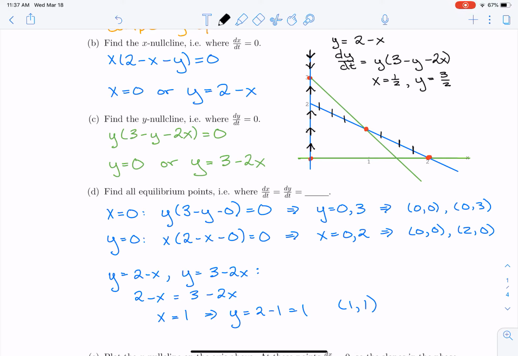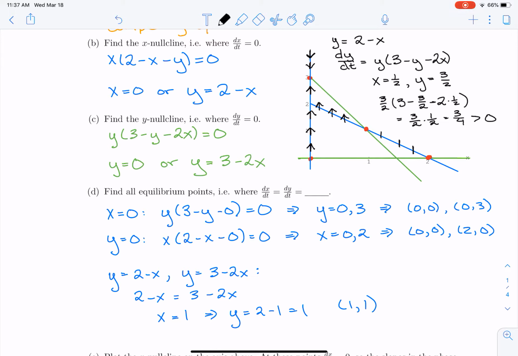I'm going to plug that into dy/dt. So dy/dt is going to be 3/2 times (3 minus 3/2 minus 2 times 1/2). So that would equal 3/2 times 1/2, which is 3/4, which is positive. And so it turns out that if I choose any points that are to the left of the equilibrium 1, 1, all the slopes there are going to be positive.